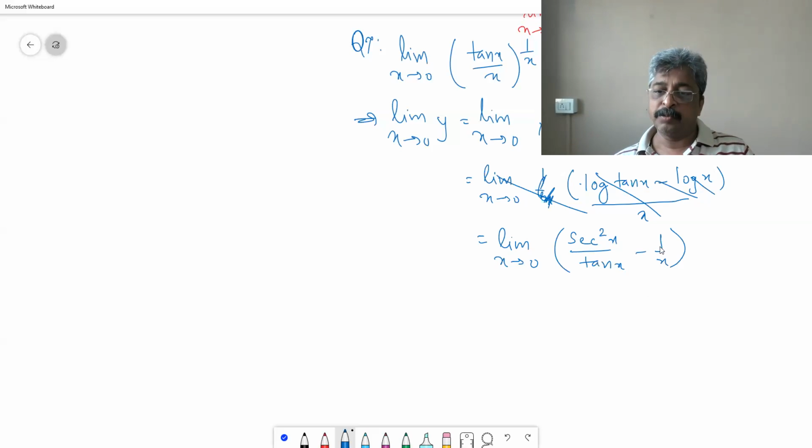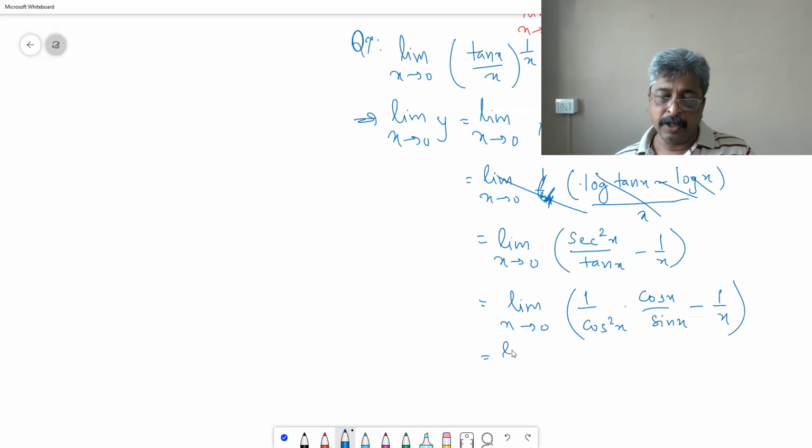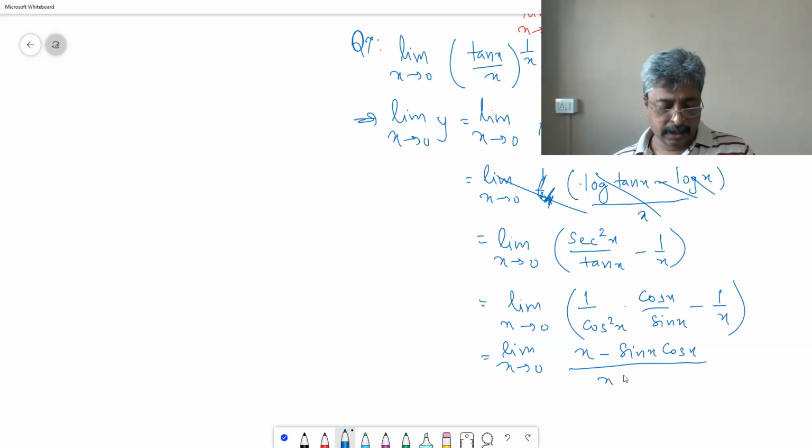Okay, again this is infinity minus infinity form, so you simplify, you get limit x tends to 0 1 upon cos square x into cos x upon sin x minus 1 upon x, simplify, which makes it limit x tends to 0 x minus sin x cos x upon x sin x cos x.